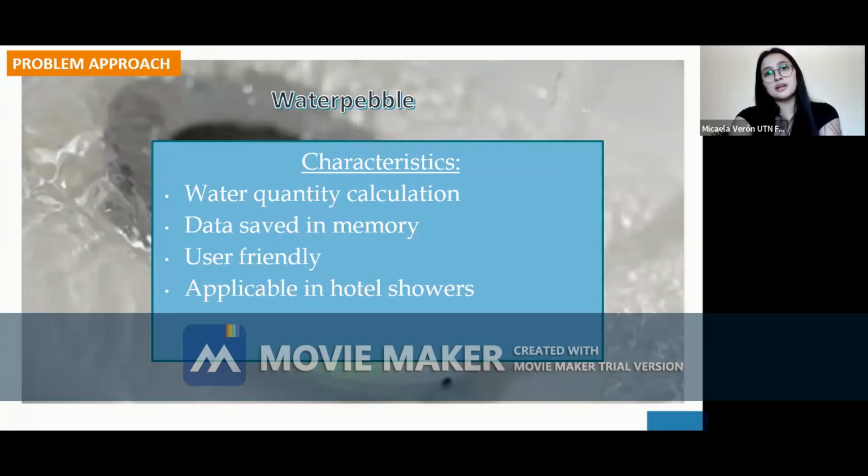This device can be used in every hotel room or accommodation, and it is recommended to include a brief description of the device to ensure an efficient application.